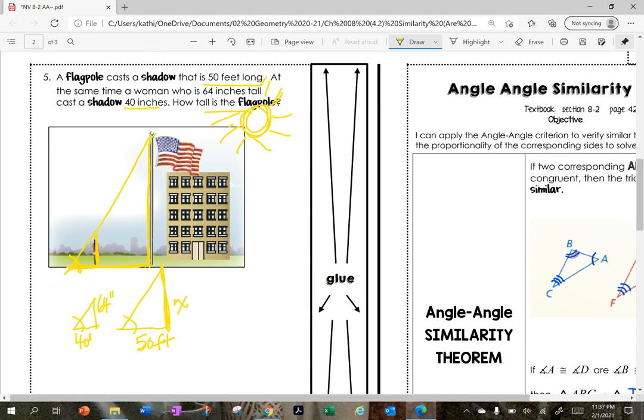So I'm going to set up the first triangle over the second triangle, and the ratios twice. So I'm going to say X, and the corresponding side is going to be 64 inches in my second triangle. And then I'm going to come back to the first triangle, which is 50 feet, and the corresponding side is going to be 40 inches.